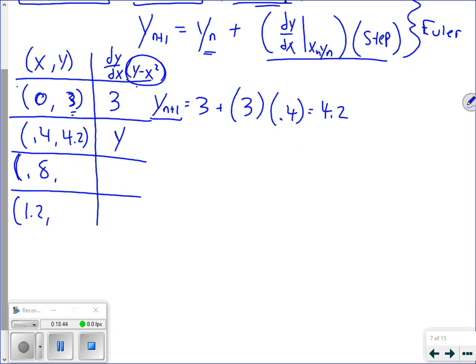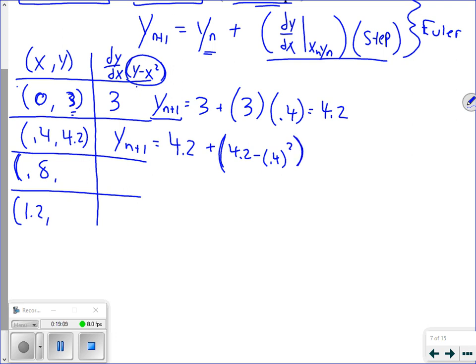It's going to be y n plus 1, so my next y value is equal to my previous y value, which is 4.2 plus. And then remember, the next value is my slope at my current point. My slope at my current point is 4.2 minus 0.4 squared, right?